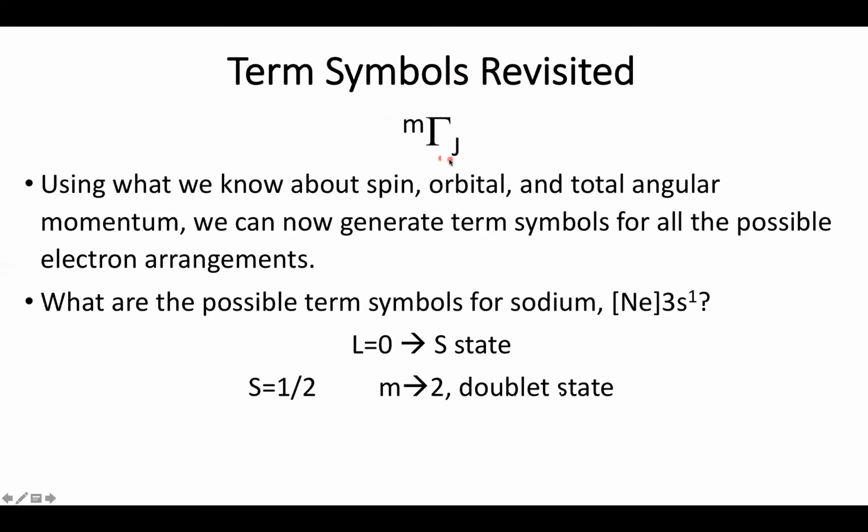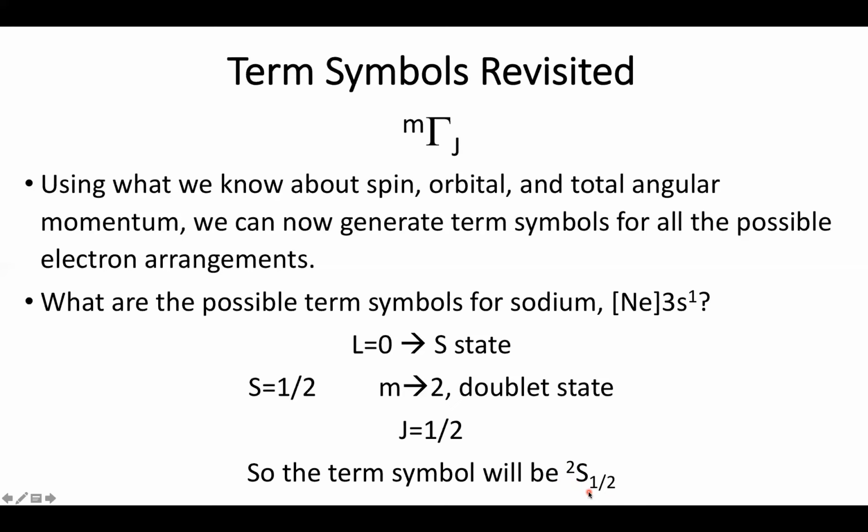Well, we get very lucky here because since I have an S state with no orbital angular momentum, this means we have no angular momentum coupling, so J has to be equal to S. So J equals 1/2 as well. Then we can take these three components together, put them in a symbol, and we have a 2S 1/2, or a doublet S state with a total angular momentum of 1/2.